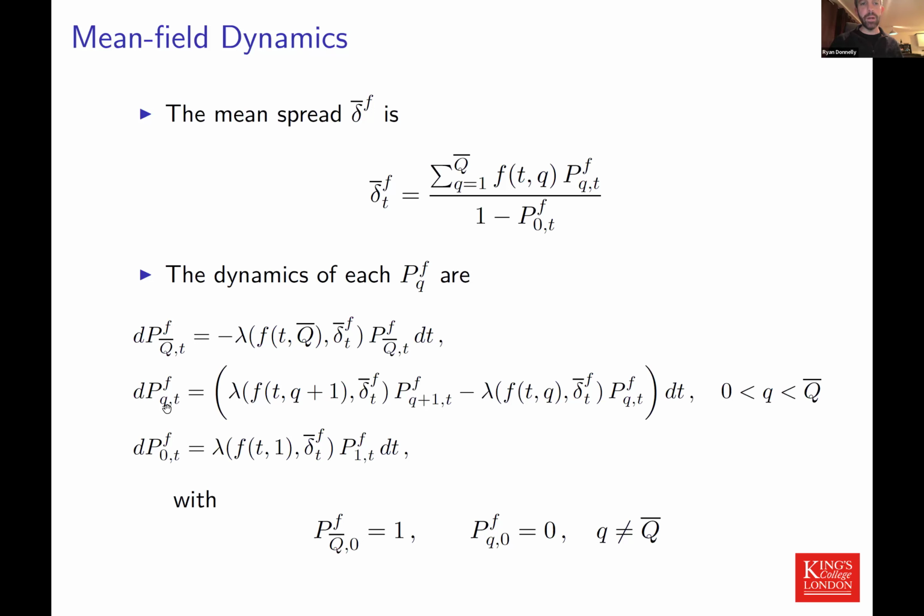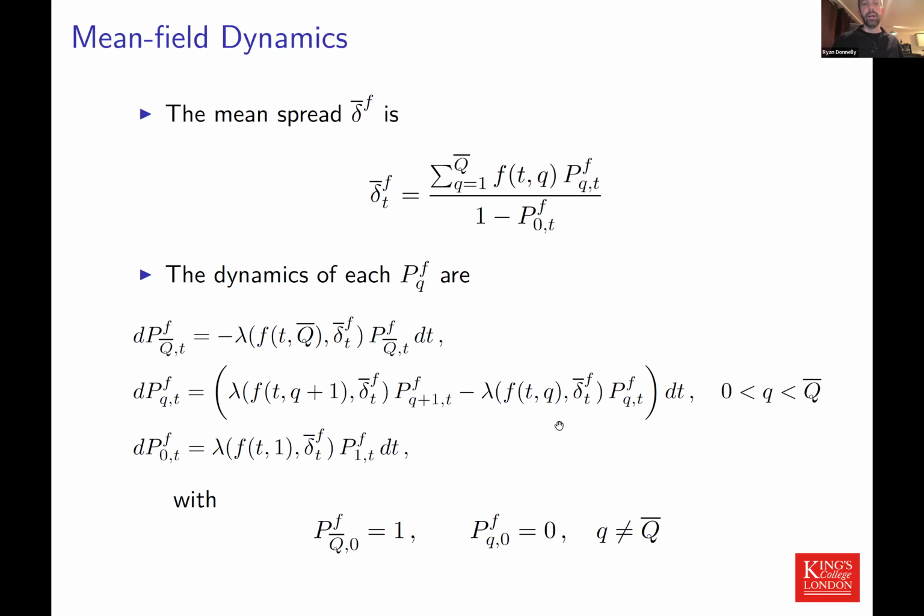Then if we go down to an arbitrary value of Q, there's an influx of agents entering that state because they have sold out of the Q plus 1 state into the Q state. That's this term here. And there's also agents leaving the Q state because they have sold a share and now hold Q minus 1 inventory. That's this term here.